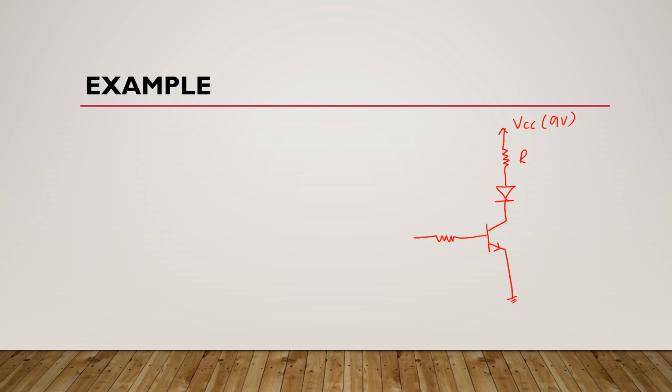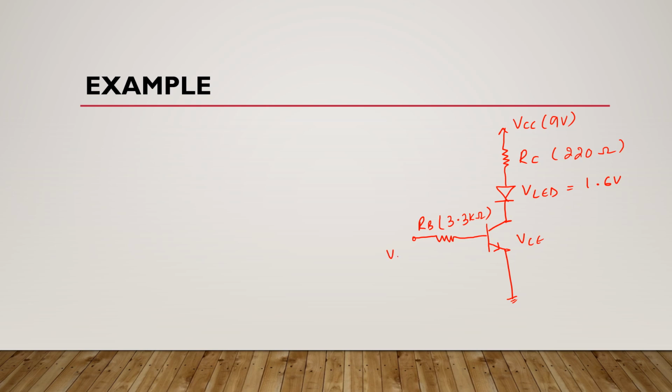Here we have RC and suppose it is 220 ohms. Here we have RB and suppose it is 3.3 kilo ohms. Here we have VCE and suppose the voltage of LED is 1.6 volts.